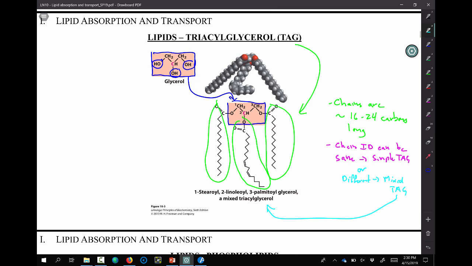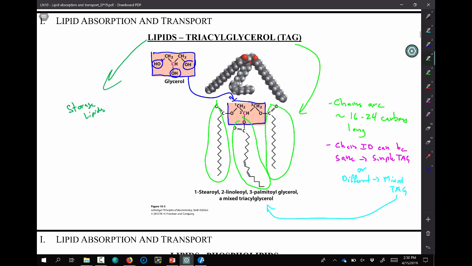Sometimes these will just be called storage lipids because of their role in storage. In terms of ingestion, I think I recall reading somewhere that about 85% of our dietary lipids is triacylglycerides. So it's a lot of it. It's more than 50%, let's just say that.